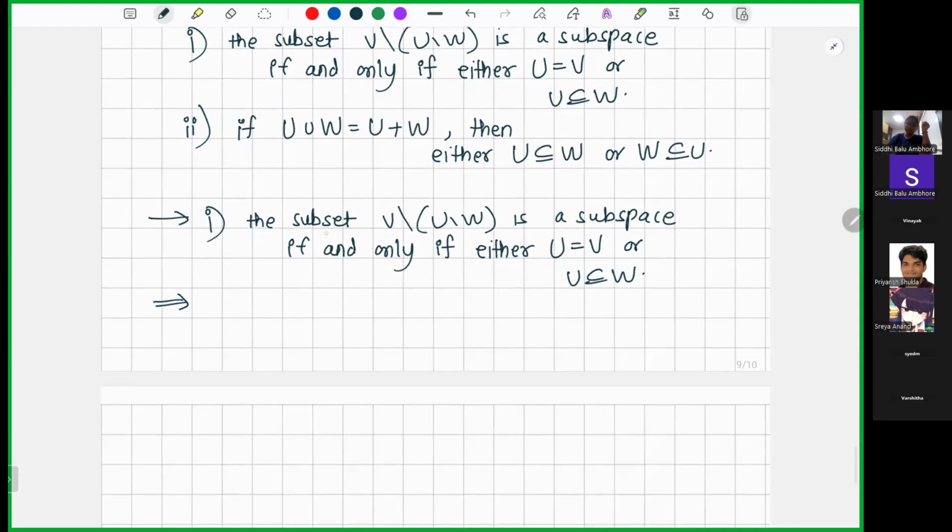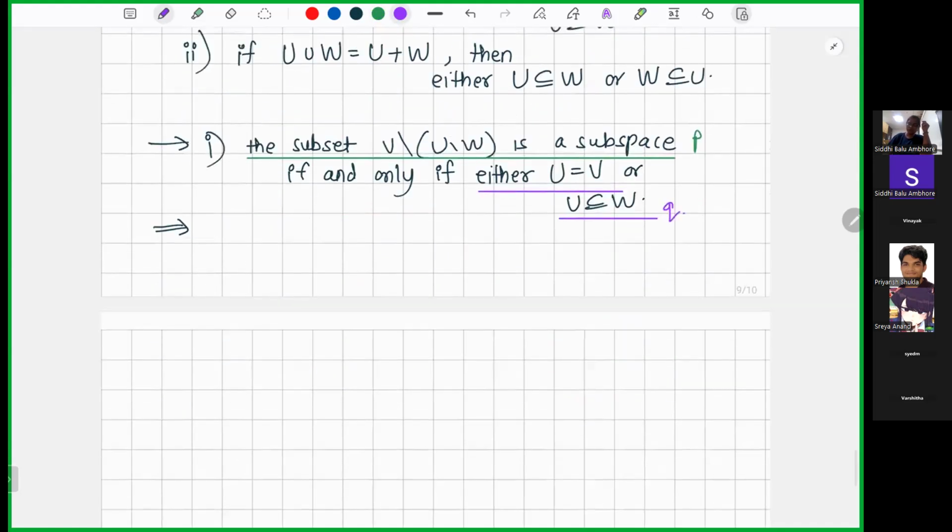So if this is my P and this is my statement Q, then what I need to actually check is that this P implies Q and Q implies P. This is what if and only if means, that both the implications must follow.